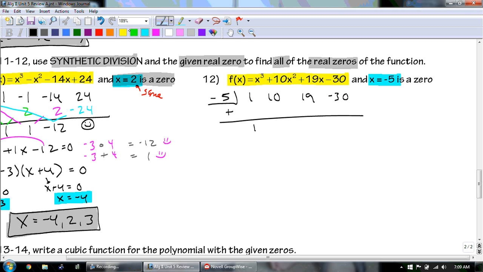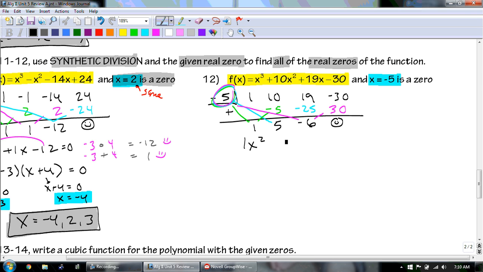Drop the 1. -5 times 1 is -5. 10 plus -5 is 5. -5 times 5 is -25. And then we get -6. And then -5 times -6 is +30. And then -30 plus 30 is 0.